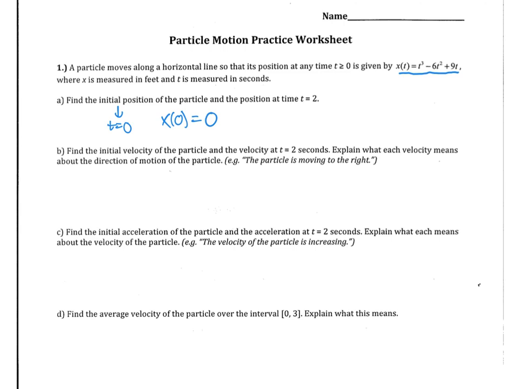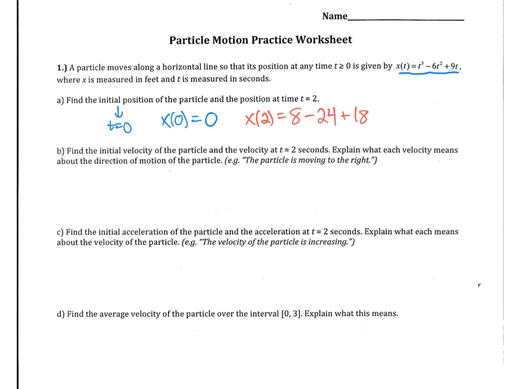And then for time 2, I'm going to plug 2 into my position function. Let's see, 2 cubed is 8, and then 8 minus 2 squared is 4 times 6 is 24, and then plus 9 times 2 is 18.